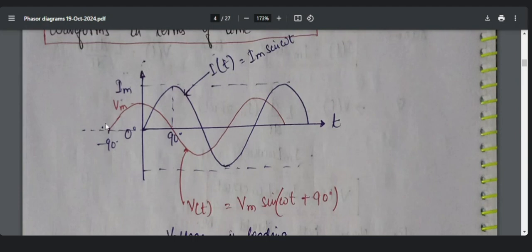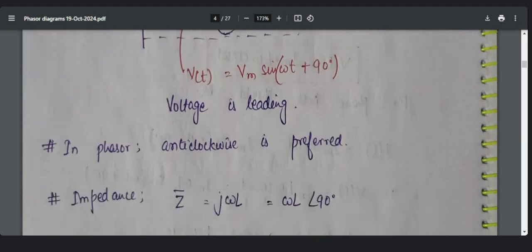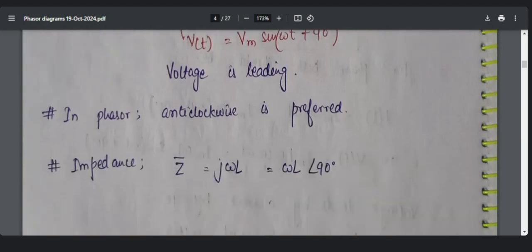So the red graph represents that v(t) is equal to Vm sine of omega t plus 90. It has started before. Okay, this is clear. So this is the waveform by which we could represent the phasor in case of inductor.